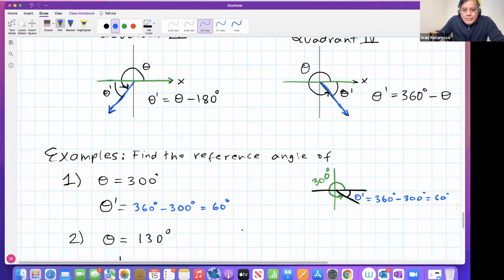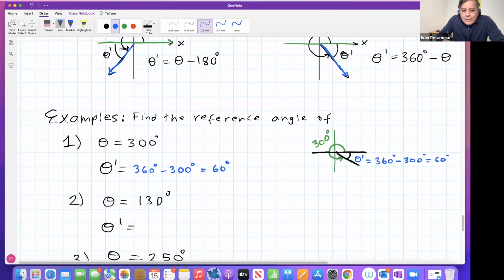Great. Another example here. Suppose they give you the angle 130 degrees and they ask you to figure out its reference angle. Well, again, it's a good idea to draw the angle, to set the angle on the XY coordinate system. 130 degrees is here, right? The second quadrant. Now follow the definition, right? The reference angle is the acute angle formed by the x-axis and the terminal side.